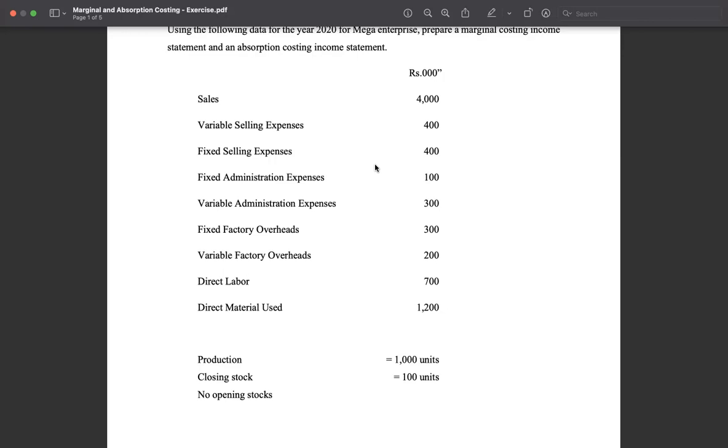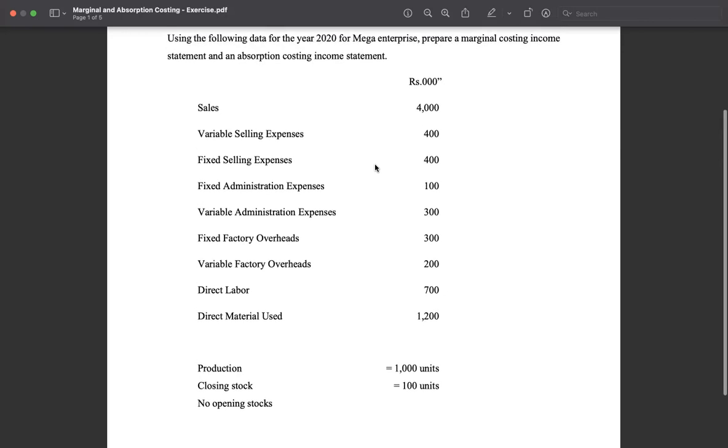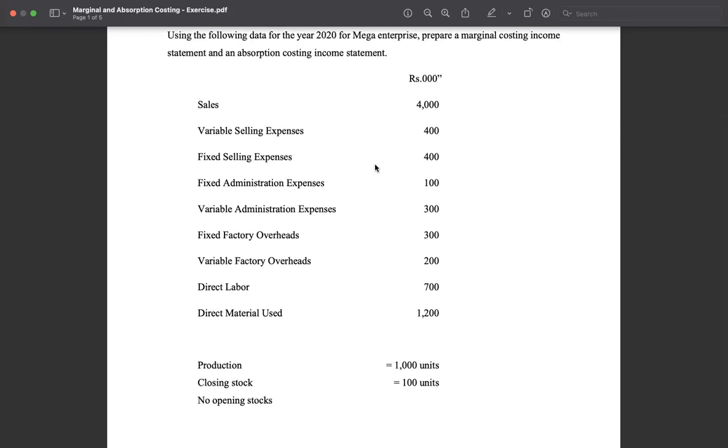Variable factory overheads 200. Direct labor 700, sorry. Direct material 1,200. And in the question it's given that this Mega Enterprise produces 1,000 units in the year 2020. And they have also given us the closing stock as 100 units, and there are no opening stocks.